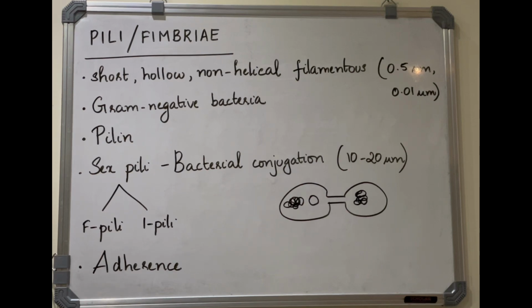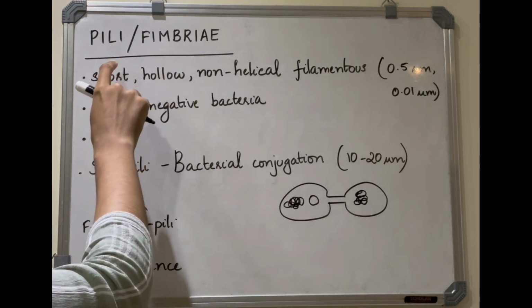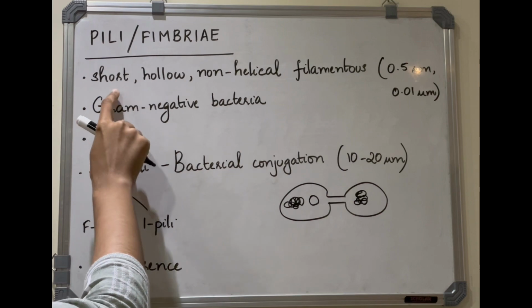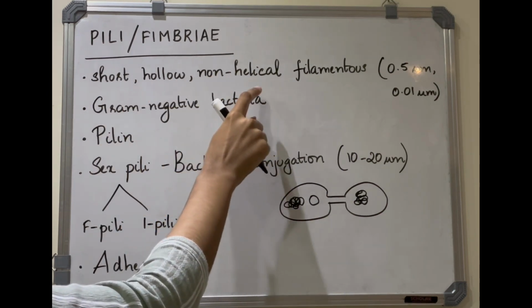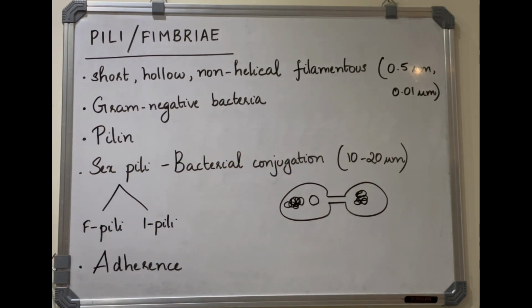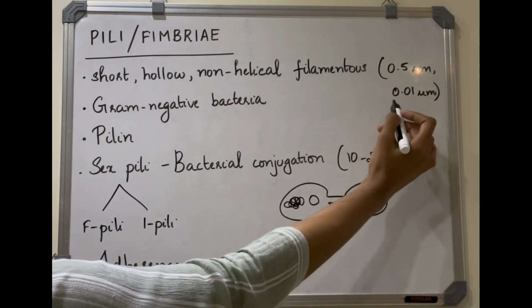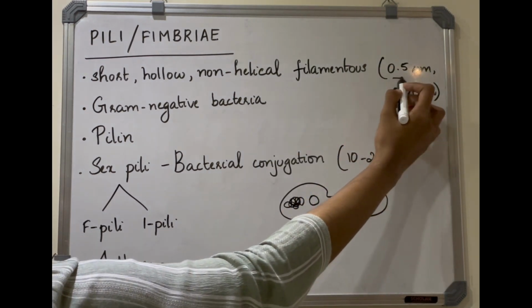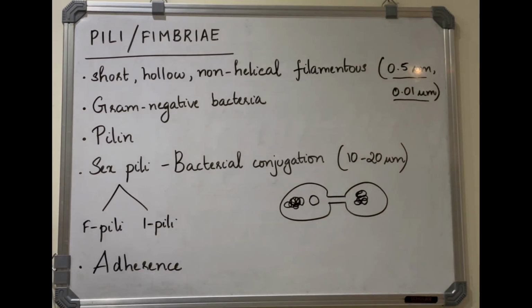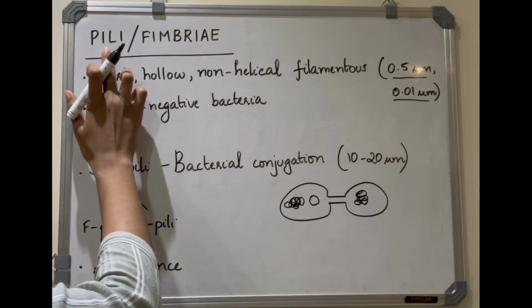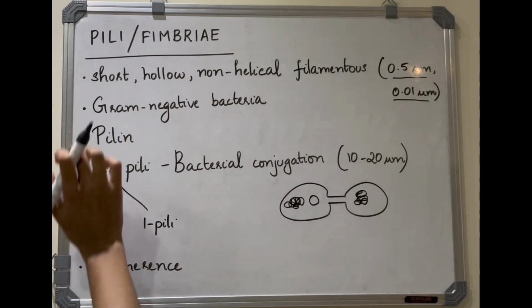Pili or fimbriae. Now pili are short, hollow, non-helical filamentous structures that are 0.5 μm in length and 0.01 μm in diameter. What is the difference between pili and fimbriae?